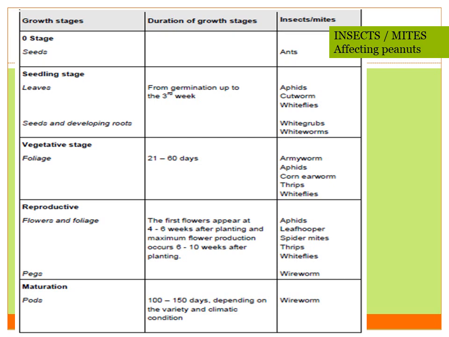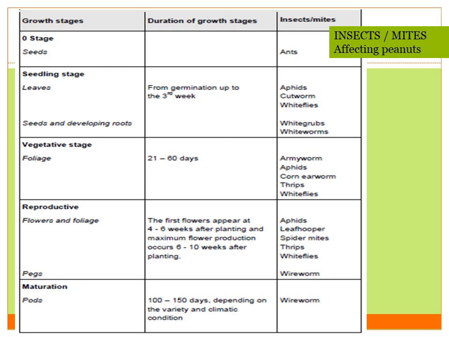During the seed stage, ants can attack, and during the seedling stage, the leaves and the developing roots can be attacked by aphids, cutworm, whiteflies, white grubs, and white worms. And during the vegetative stage, the foliage, which is around 21 to 60 days, armyworms, aphids, thrips, and whiteflies can affect the plant.